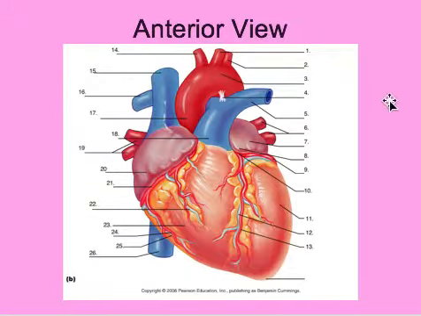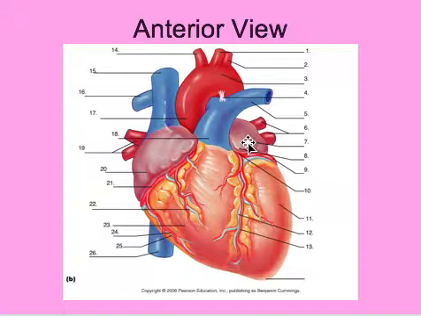So from there, it goes to the lungs. It goes through the arteries of the lungs, the arterioles, and then the capillaries of the lungs, where it gets oxygenated, and then it comes back through the venules and the veins. These here are the right and left pulmonary veins, and that goes to the left atrium.